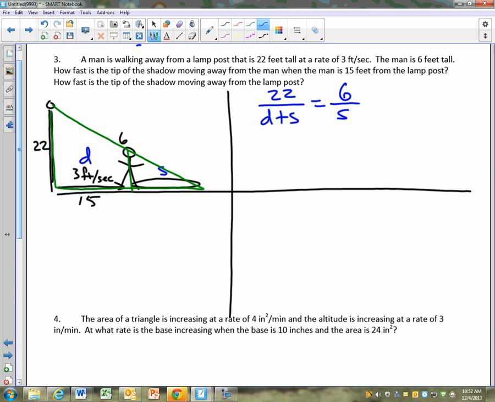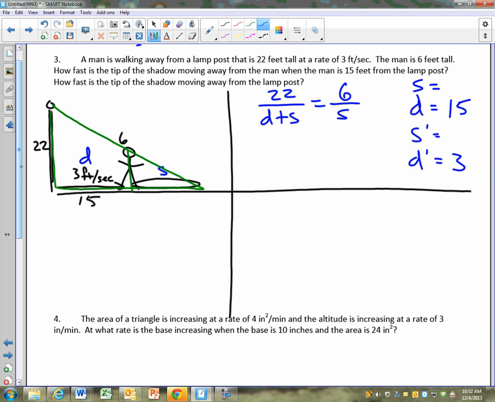Well, I can tell right now that I've got how many variables? 2. So I should write down S, D, S prime, D prime. Do we know D? It's 15. Do we know D prime? 3. 3 feet per second.